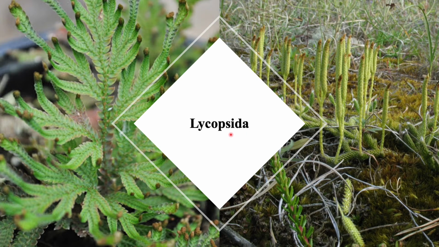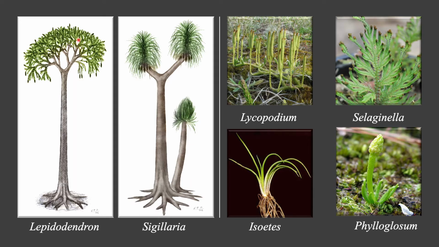Subphylum Lycopsida. The Lycopsida also include both living and fossilized genera. The living genera of Lycopsida are Lycopodium, Selaginella, Isoetes, and Phylloglossum, while the extinct or fossilized genera are Lepidodendron and Sigillaria.